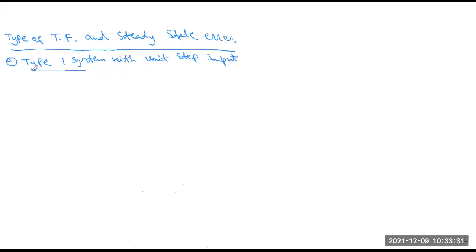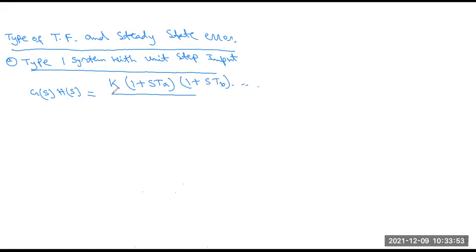The first equation we need is the transfer function G(s)H(s) equals K into (1 plus sTa) into (1 plus sTb) and so on, divided by s into (1 plus sT1) into (1 plus sT2) and so on. Here Ta and Tb are for the zeros of the control system, and T1 and T2 are the different poles.